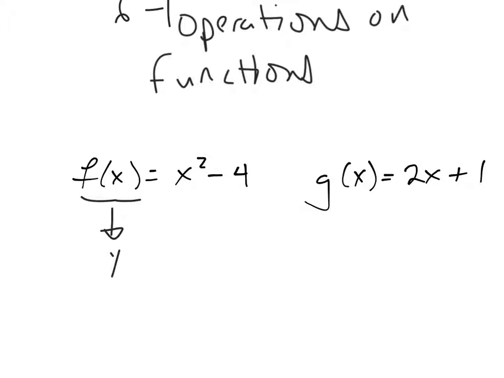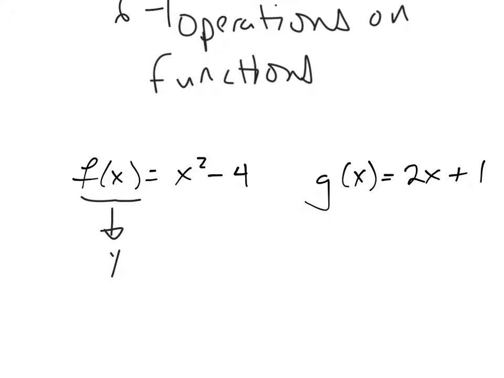Now, g of x, what does it mean? It's the same thing. It's just a different letter, right? So the fact that we went from f to g just allows me to talk about a different function, right?